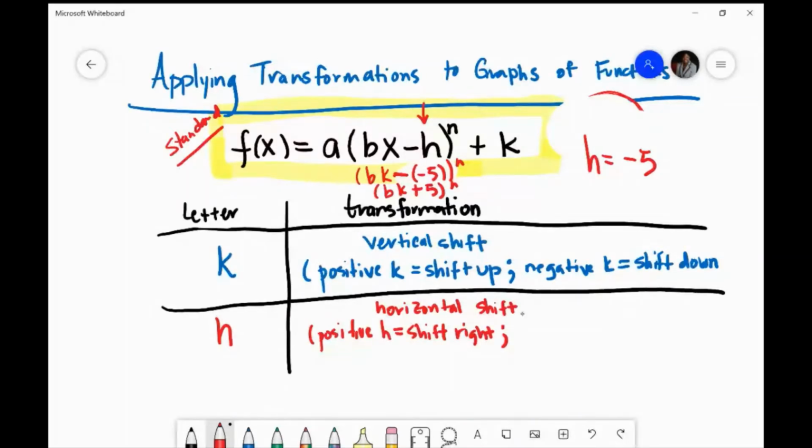To the left. Right, great. So if the H was negative, then what would happen is it shifts left. All right.